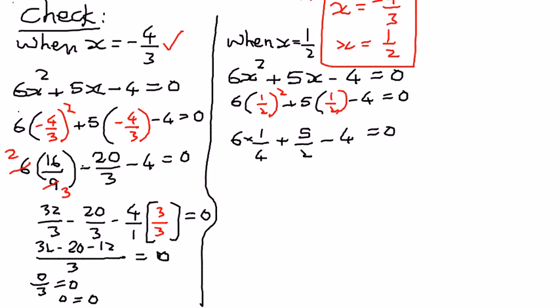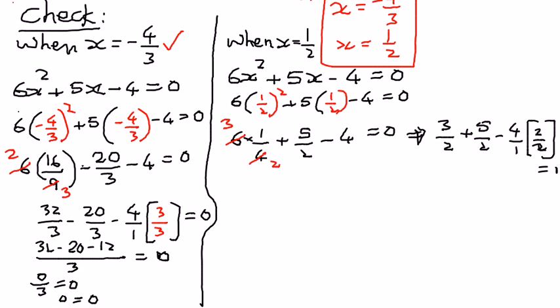So I can simplify this as 2 times 2 is 4, 2 times 3 is 6. So therefore what I have here is 3 over 2 plus 5 over 2 minus 4 over 1, and then I'm going to multiply and divide by 2, and that will make the denominator the same.